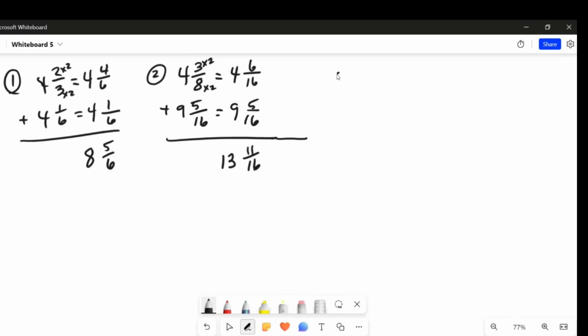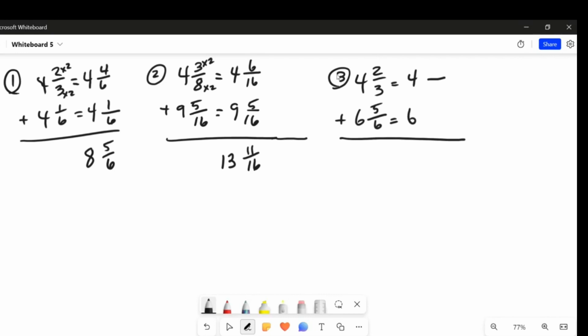Okay. Number 3. On number 3, we have 4 2/3 plus 6 5/6. All right. We do not have a common denominator. I've got to have a common denominator before I can add the fractional parts. What is the common denominator for 3 and 6?